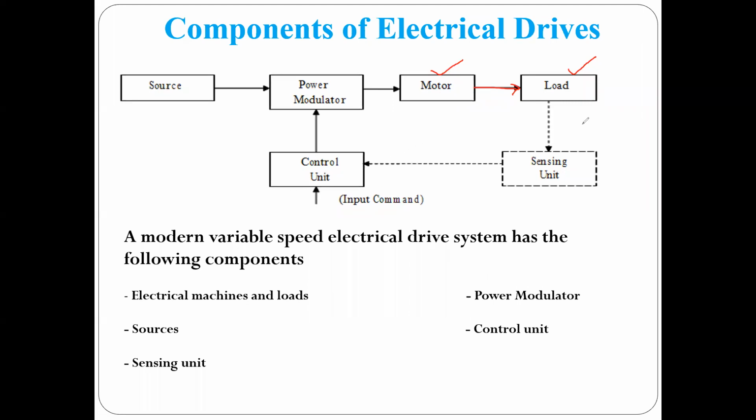Okay, so if you want to operate this load at a particular speed, to control the motion of this load, to control the speed or the velocity of this load, what do we have to do?